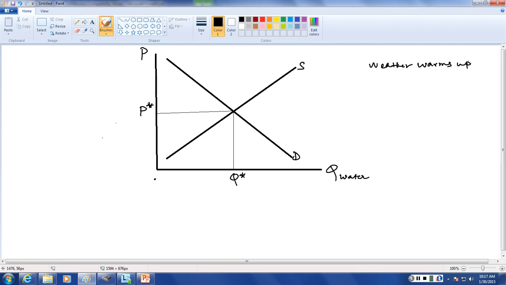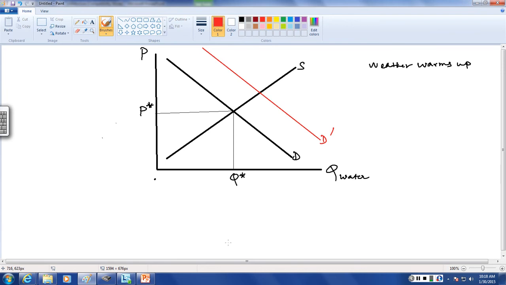Demand, exactly, because this is being brought about not by the price of water falling. No, people are drinking more water, not because it's cheaper, but because it's warmer. Correct? So this would be a rightward shift of the entire demand curve, correct? So let's show that here. So we have a rightward shift of the entire demand curve like this to curve D prime.